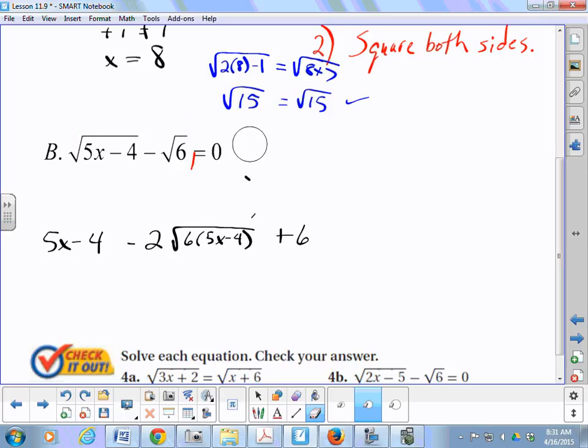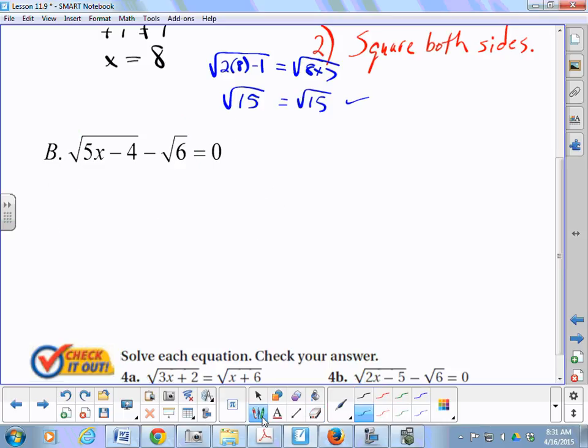So very important that you get the radicals on opposite sides. So we'll add square root of 6 to both sides first. Oh, much easier if we do that. So we have the radicals on opposite sides of the equal sign.